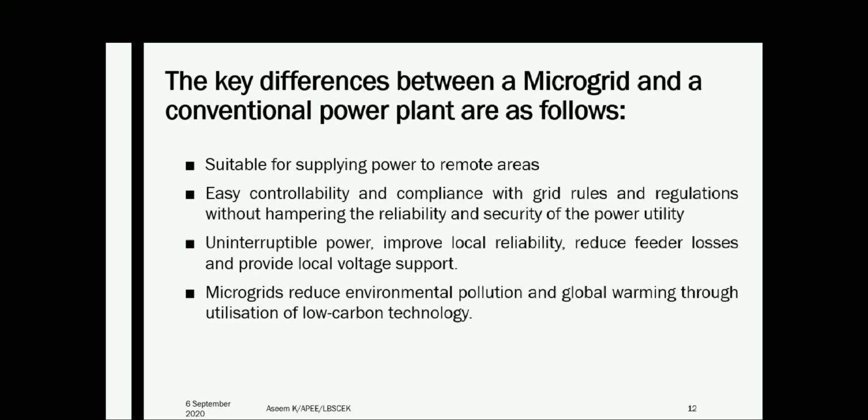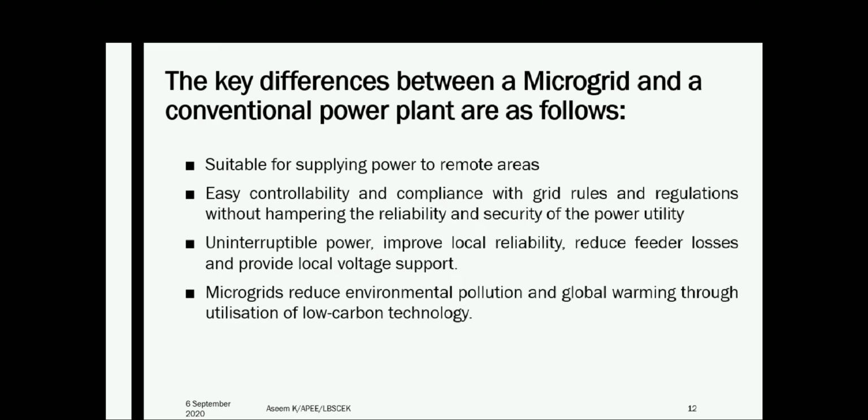Coming to the next points, these microgrids are suitable for supplying power to remote areas, and easy controllability and compliance with the grid rules and regulations, without hampering the reliability and security of the power utility, is possible in a microgrid.